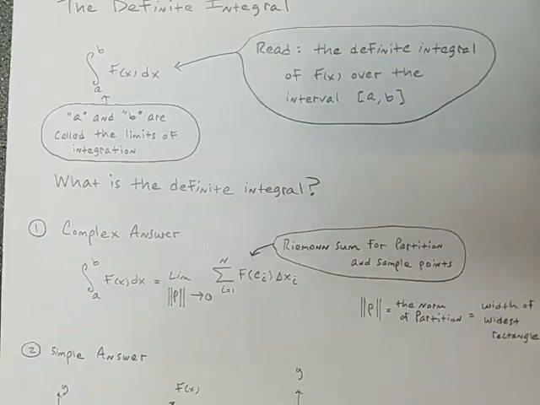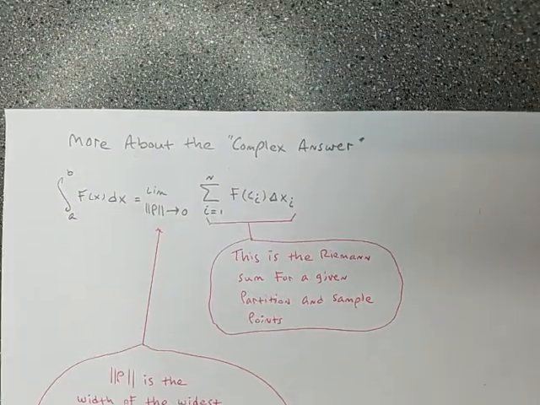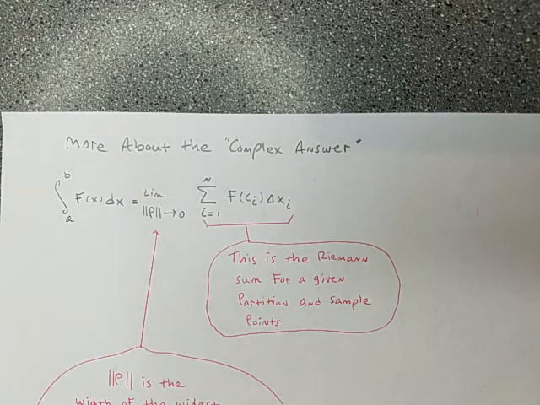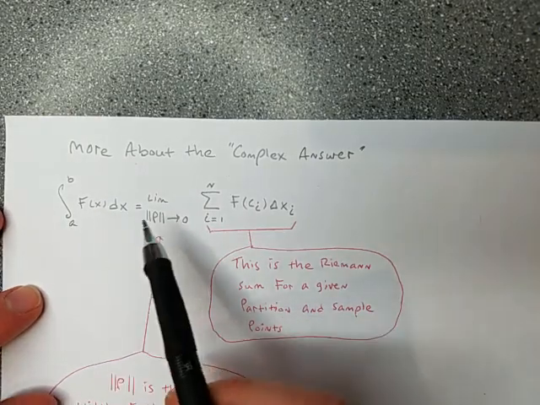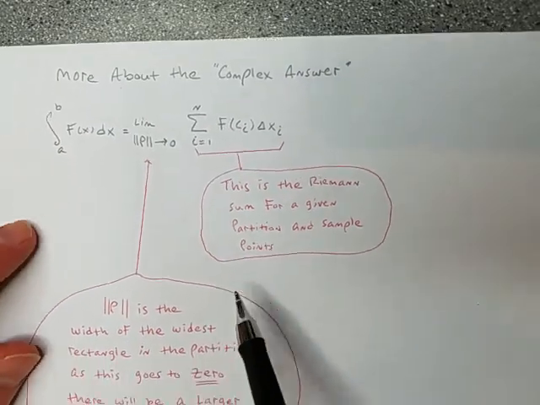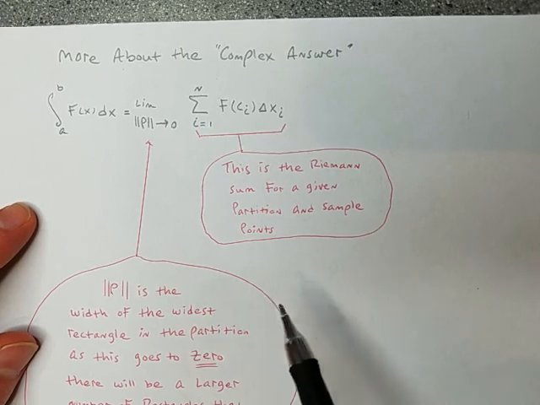Okay, so it would be wrong if I didn't say a little bit about that. This is not something that somebody can just explain to you. It's going to take some reading and thinking on your own, okay? More so than everything else. But we're just saying that the definite integral is the limit as the norm of the partition goes to 0.